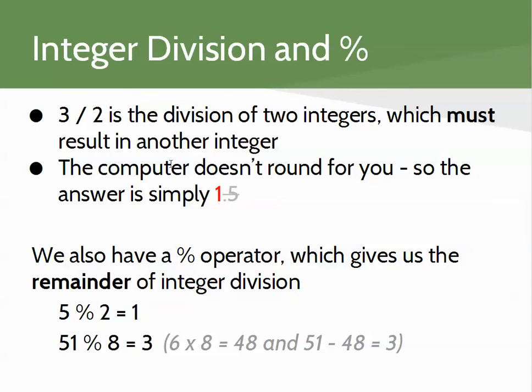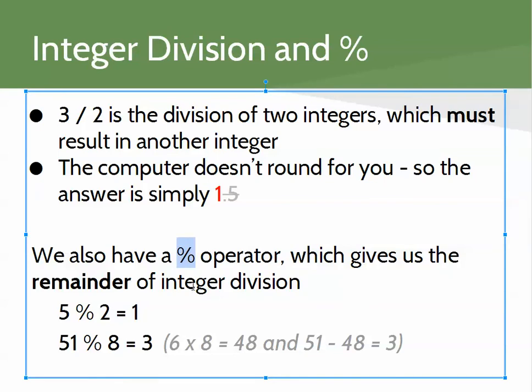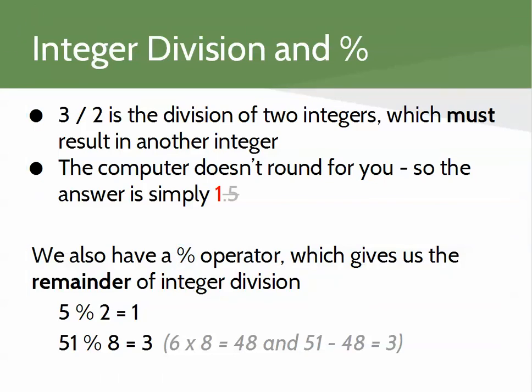Sort of on a similar note, we've got an operator called the modulus operator, that percent sign. The modulus operator allows us to get the remainder of an integer division. So it sort of goes hand in hand with integer division.